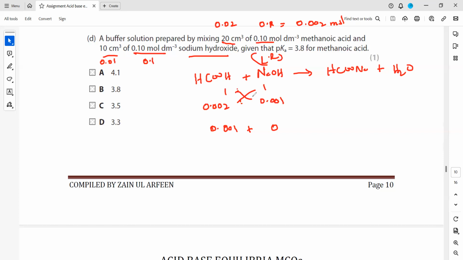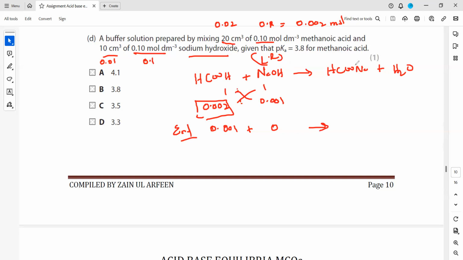Because 1:1 is the ratio, 0.001 will react with the same amount. So if the total was 0.002, when we end the experiment, we'll have 0.001 moles of methanoic acid. And how many moles of salt will be there?